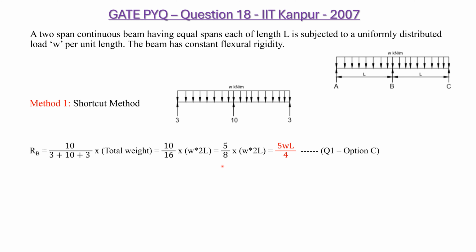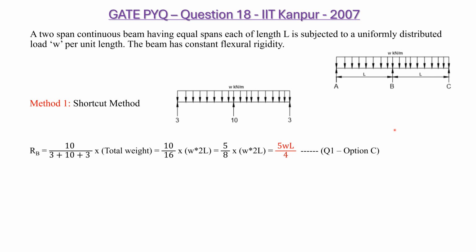When I simplify this further, it is 2 5s are and 2 8s are, that is 5 by 8 into W into 2L. When I cancel this 8 with 2 here, it will be 5WL by 4. That is the answer for question number 1, that is option C.